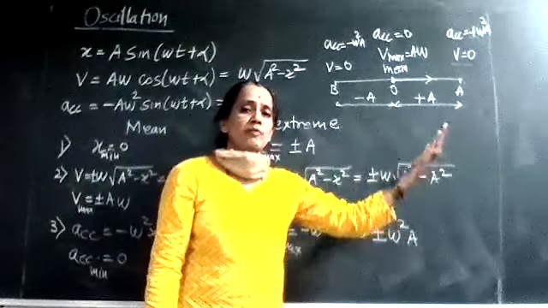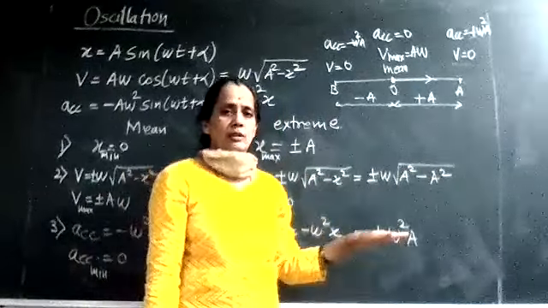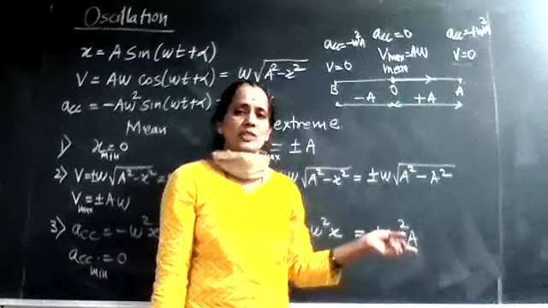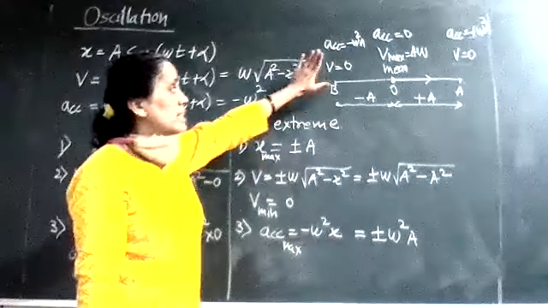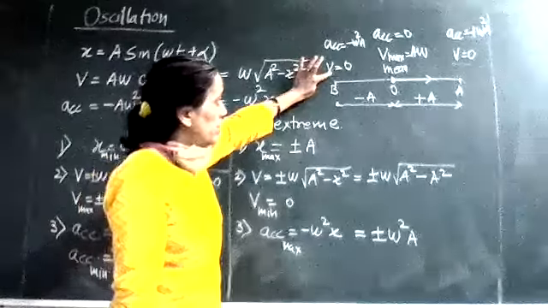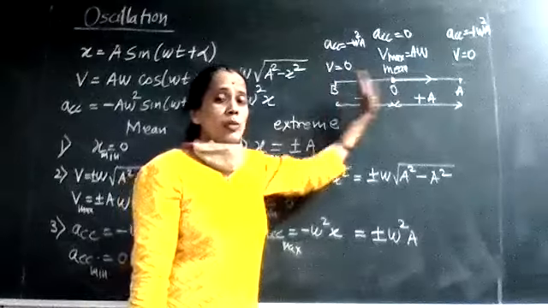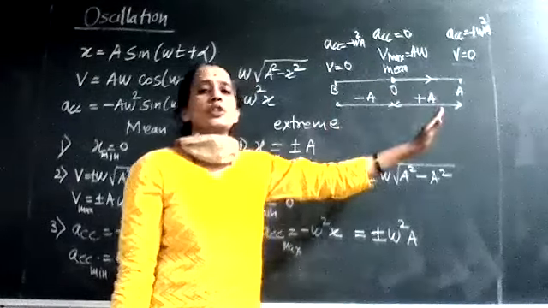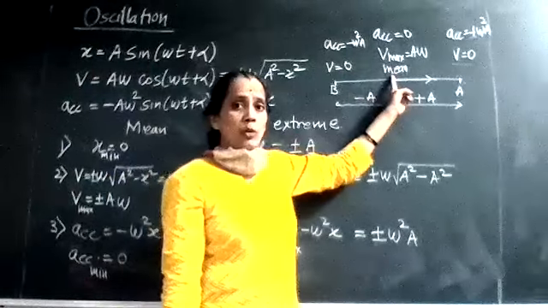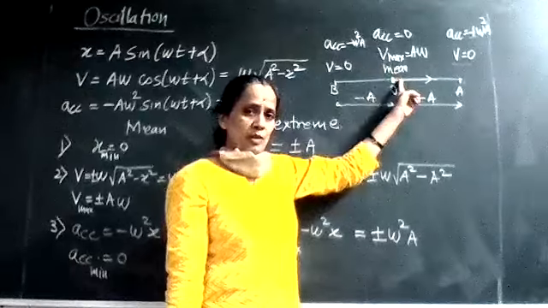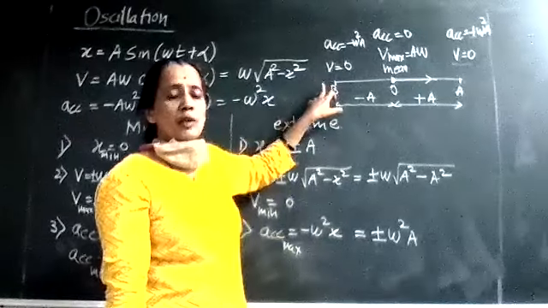When the particle is moving from positive extreme position to mean position, it has a positive velocity and negative displacement. But what happens at the negative extremity? There, velocity is 0, but you are moving towards mean position, that means towards positivity. So velocity is moving from 0 to maximum, meaning velocity is positive, and displacement is also positive, when your particle is moving from the negative extreme.